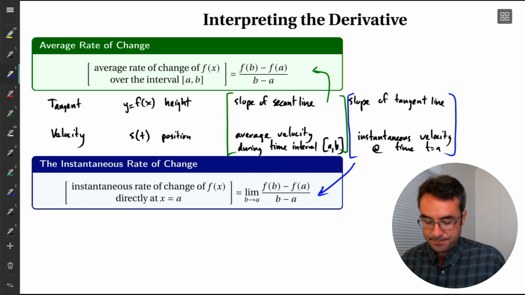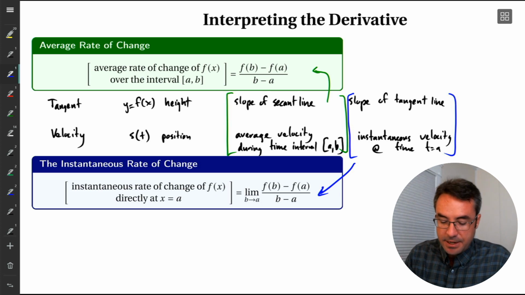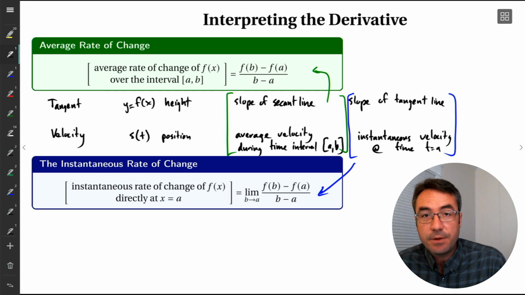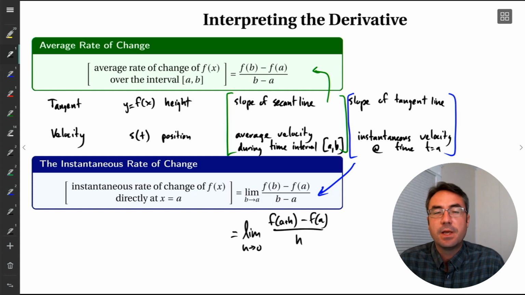All right, there is one other slightly different version of this formula that we've looked at, and it is the limit as h goes to 0 of f of a plus h minus f of a, all divided by h. The idea between the average rate of change and the instantaneous rate of change is that we're really shrinking down this interval.